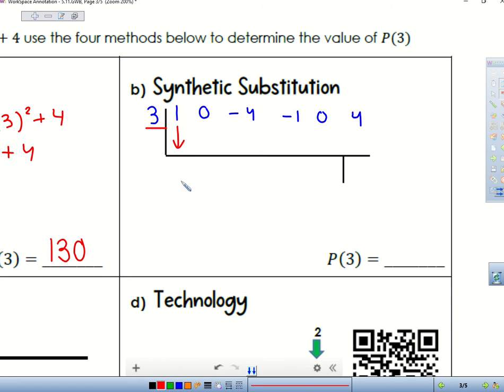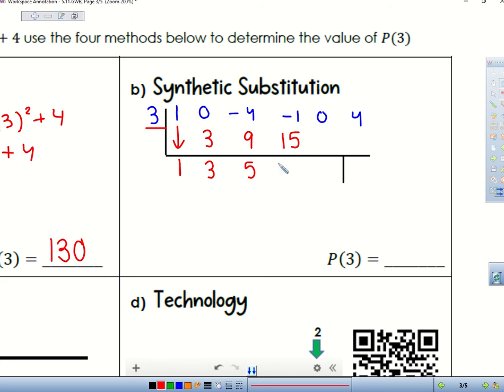Now we're going to do our synthetic division. Bring down the 1. What do we do from here? Multiply 1 by 3. Combine, we get 3. Multiply, we get 9. Combine, we get 5. Multiply, we get 15.